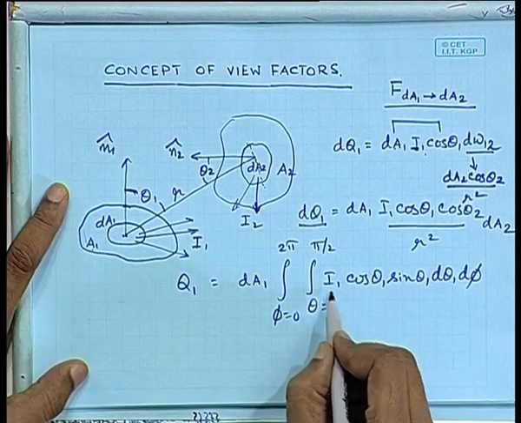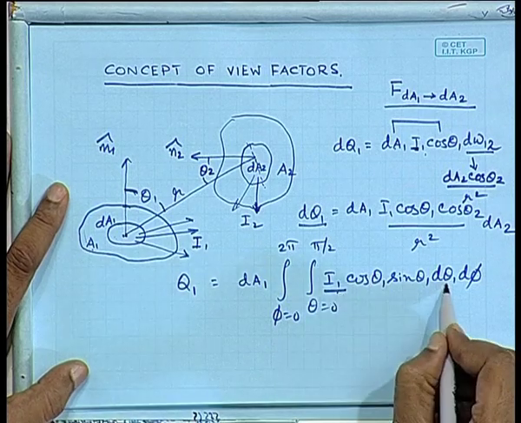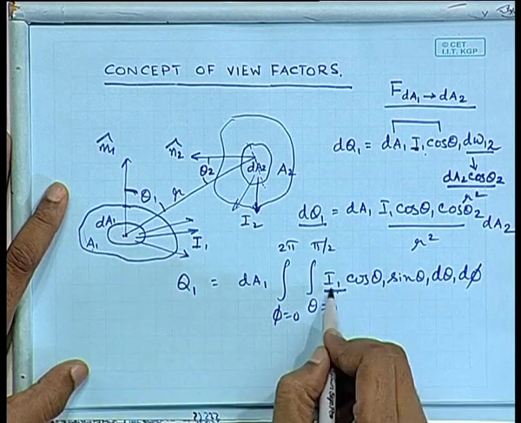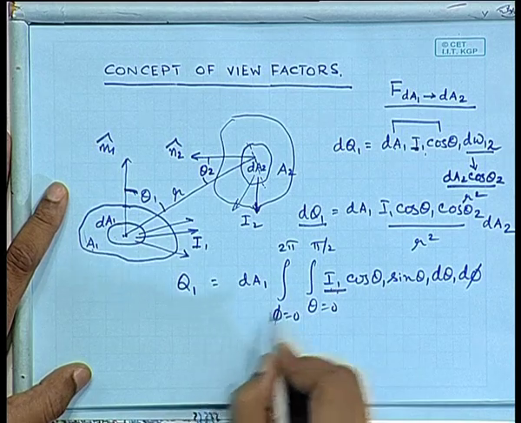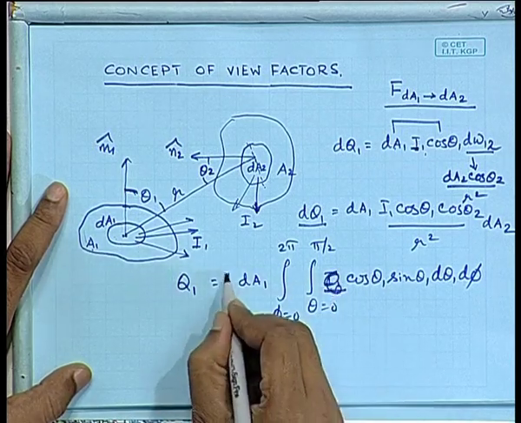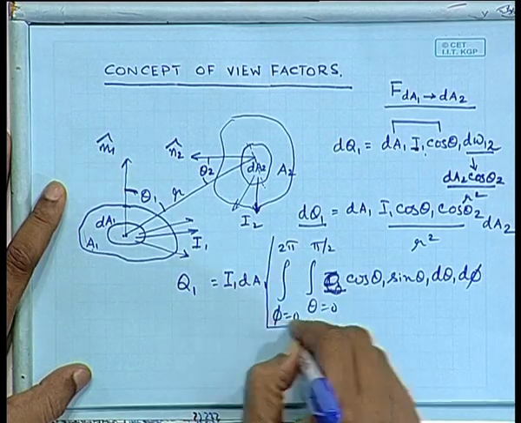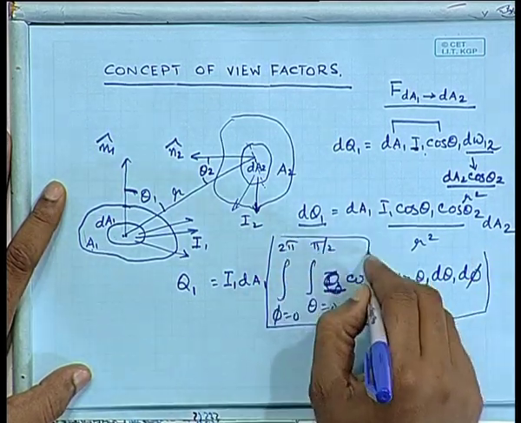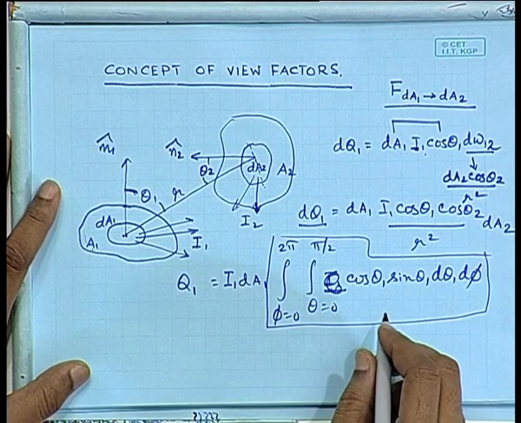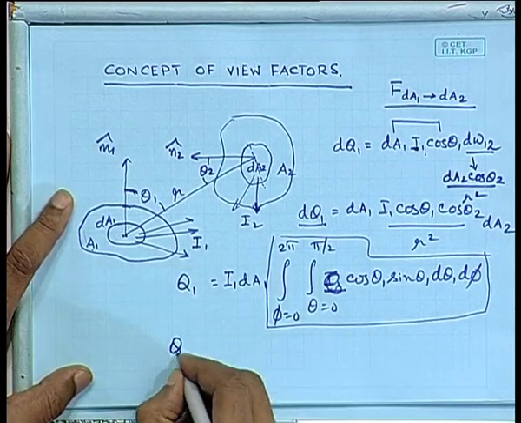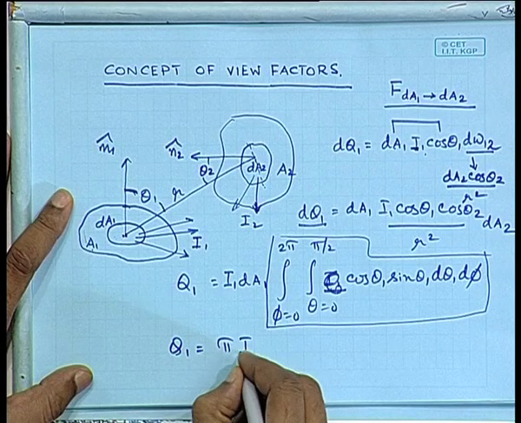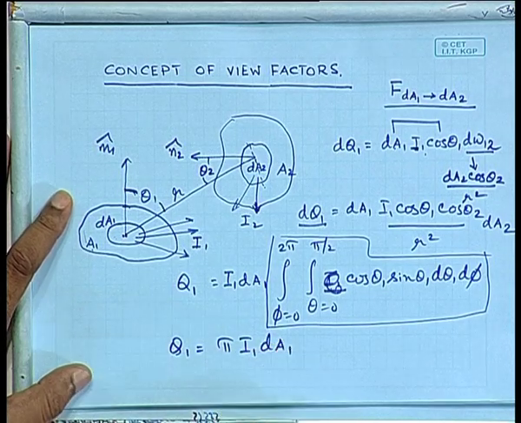If it is a diffuse emitter, then I is not going to depend on the directions. So, I1 is going to be a constant, and I can simply bring I1 outside of this integration sign. And we already know the result of this integration, which is simply equal to pi. So, I am going to write q1 is pi times I1 dA1.